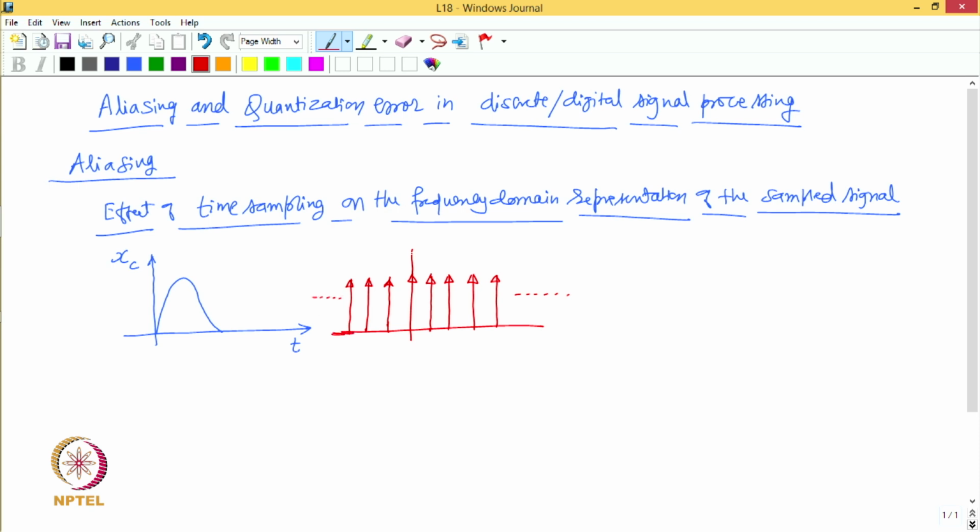So, let us represent this signal by s of t, which is the sampling signal, and let us say the time interval between 2 consecutive unit impulses is delta t. Okay. So, this s of t basically consists of a sequence of Dirac delta functions, and we have studied what a Dirac delta function is in the earlier classes. It represents a unit impulse.